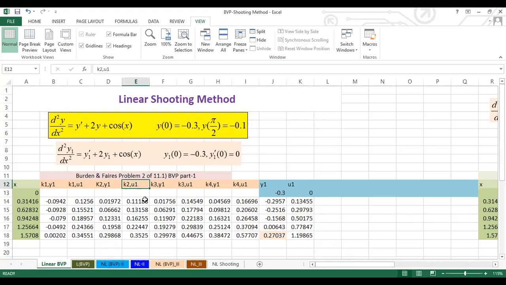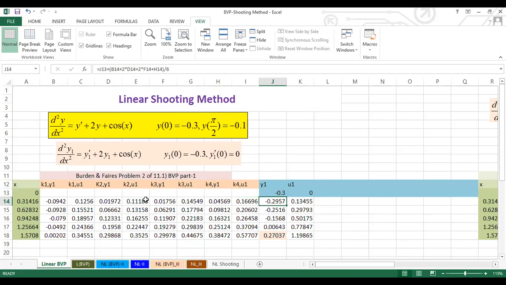Then we will evaluate k2 y1, and then k2 u1, then k3 y1, then k3 u1, then k4 y1, and k4 u1, and then we will calculate the value of solution y1 at the next point.